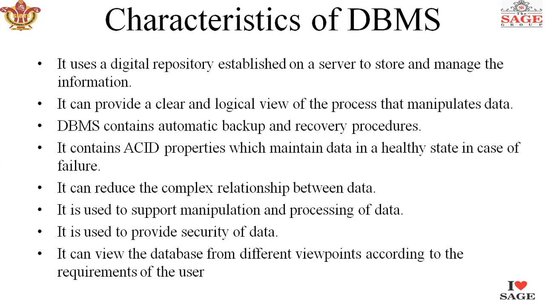And also DBMS can reduce the relationship between the data, and it can be used to support manipulation and processing of data. And also it is used to provide the security of data. And also DBMS can view the database from different viewpoints according to the requirement of the user, right? So these are some characteristics of DBMS.